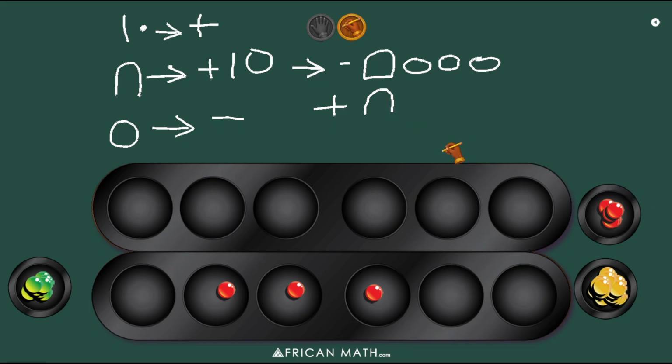Okay, so what we would do is this 10 would be represented by a vertical mark. So we would actually have this positive 10 turn into a vertical tally mark. If you want to put a 10 inside, you can, or a dot or bead inside, you can. But what we typically do is just put a vertical mark inside of it.